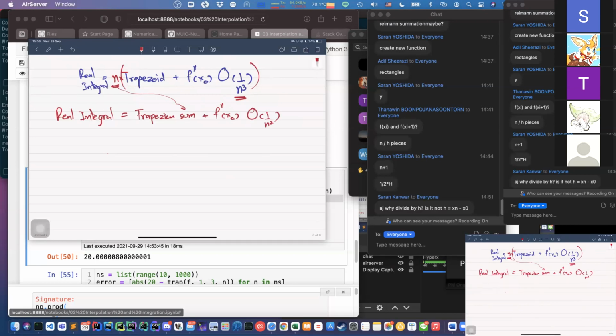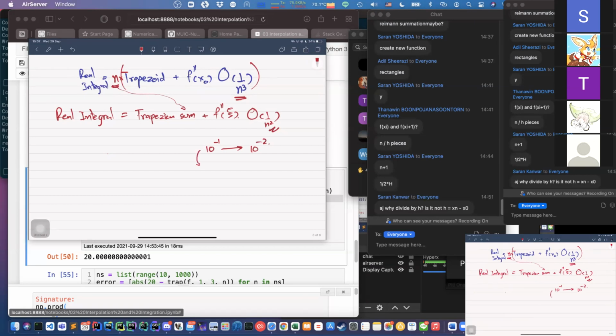And f of x0, that's kind of sketchy. It's actually some pieces. It's actually this guy. But this is not bad. 1 over n squared is good, and you should be happy with it. Like I said, if your step size is 10 to the minus 1, then your error is on the order of 10 to the minus 2, which is not bad.